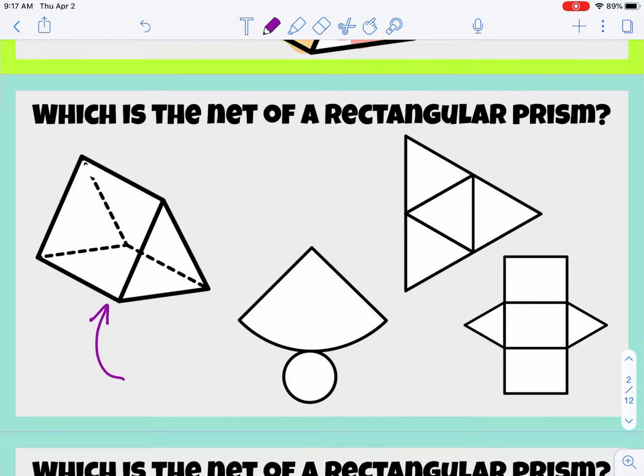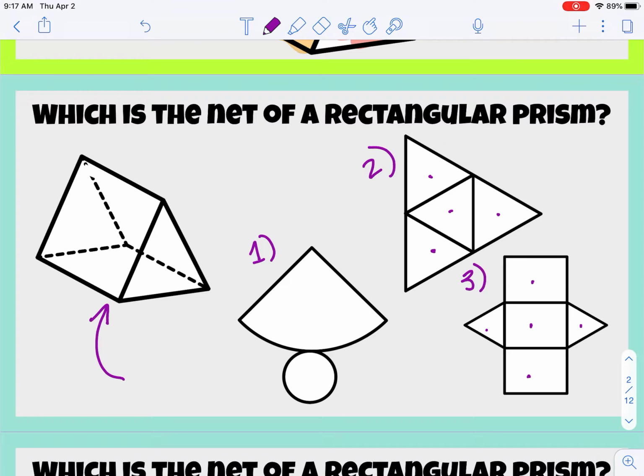So it looks like we have a circle and then kind of like a triangle with a rounded bottom. So that's number one. We also have, it looks like 1, 2, 3, 4 triangles making up a net. And then last but not least, it looks like we have 2 triangles and then 1, 2, 3 rectangles also making up a net.